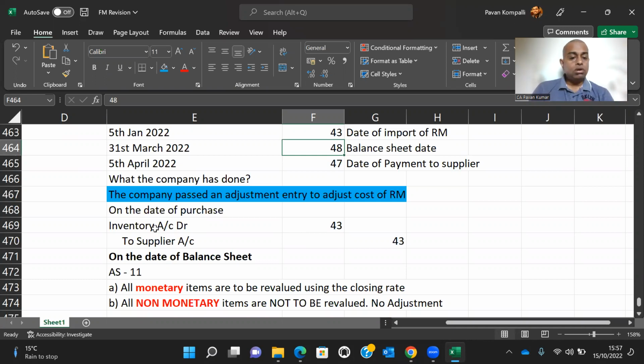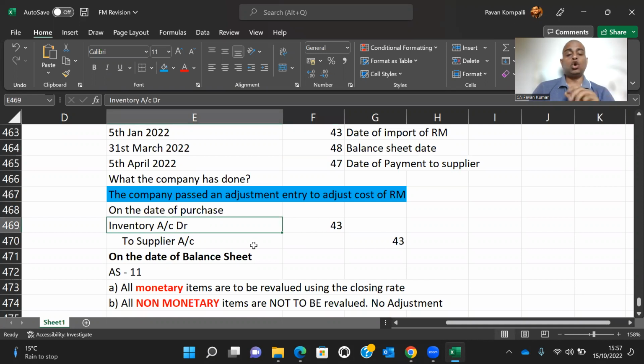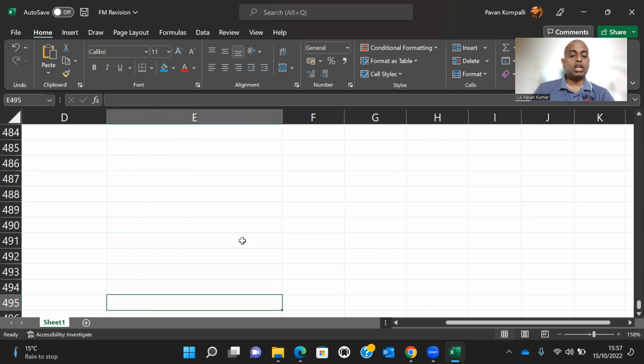Correct? Now, can I adjust this inventory? No. Do I need to adjust the supplier? Yes. Okay. So where to write the difference? P&L. So the supplier is to be increased to 48. So what shall we write?